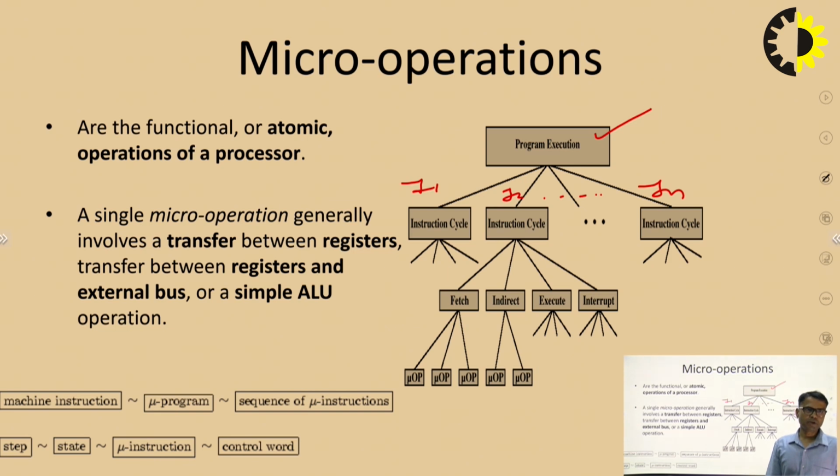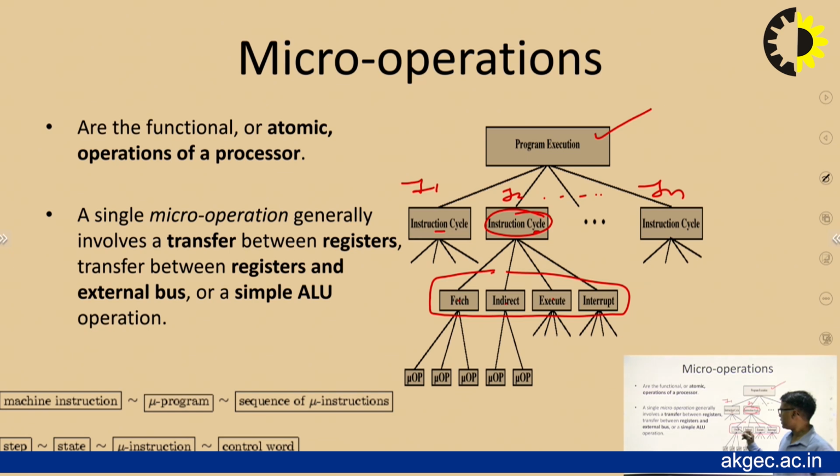To execute this program, we divided the program into instructions, but how is this instruction executed? The instruction is further divided and is also known as the instruction cycle. Each instruction cycle is composed of multiple sub-cycles: fetch cycle, indirect cycle, execute cycle, and interrupt cycle.